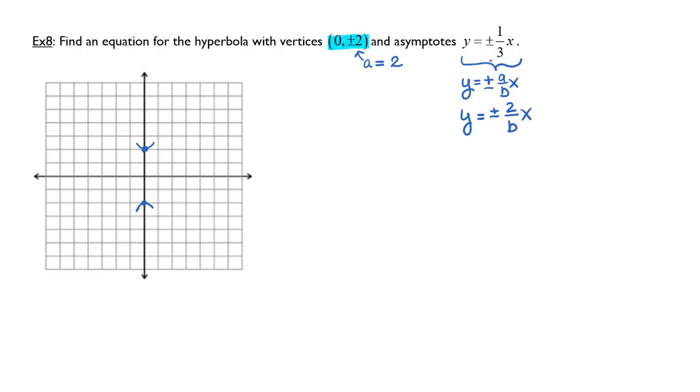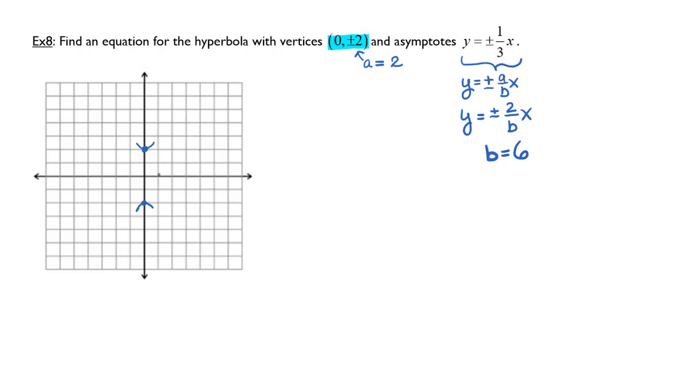Since we have a tendency to reduce our fractions when we're working with slopes of lines, I can imply from this that b equals 6. That way, when I reduce my fraction, I will get 1/3.